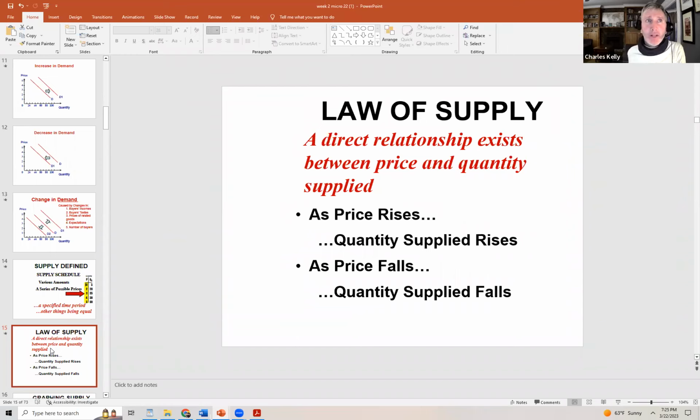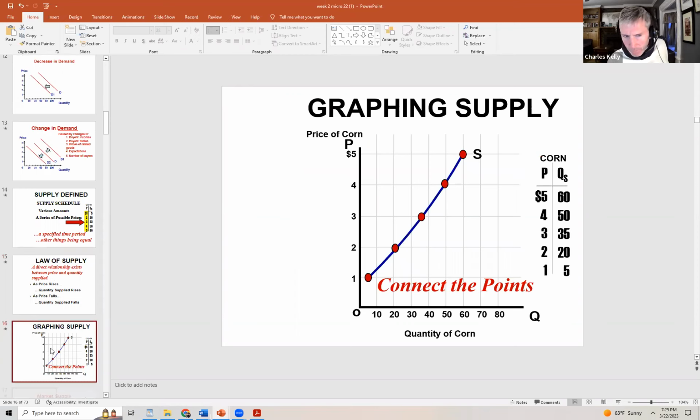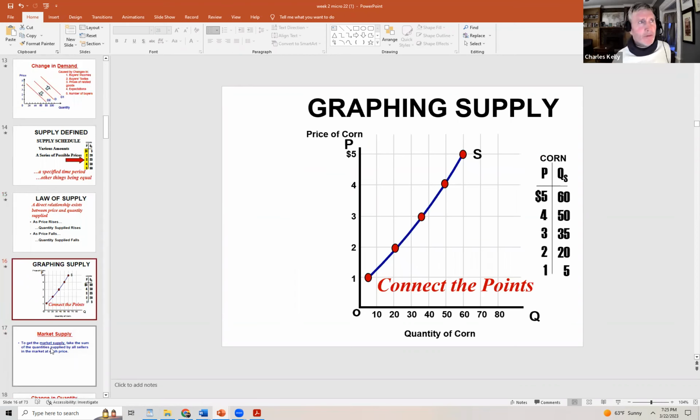So if price is increasing, you justify more inputs and higher costs associated with those inputs. And we're going to be examining that in the next week or two, the theory of the firm. All right. So just like when we talked about demand, we can represent supply graphically or numerically.